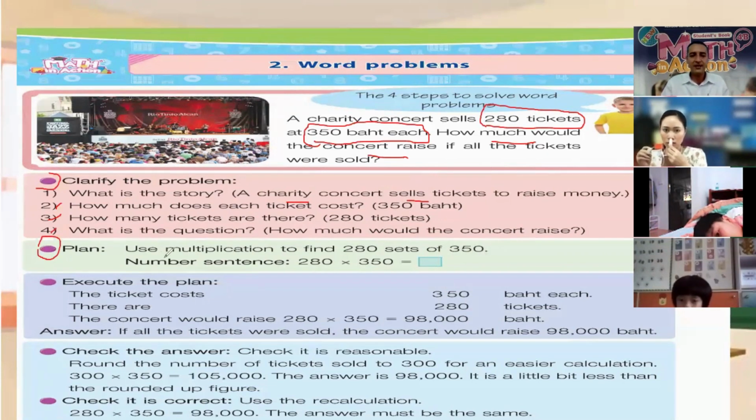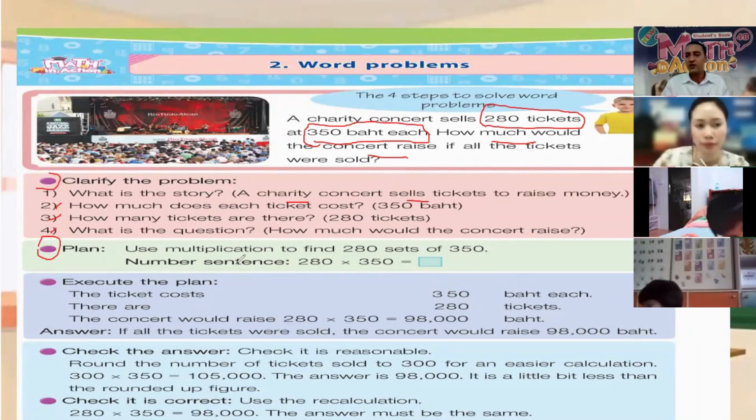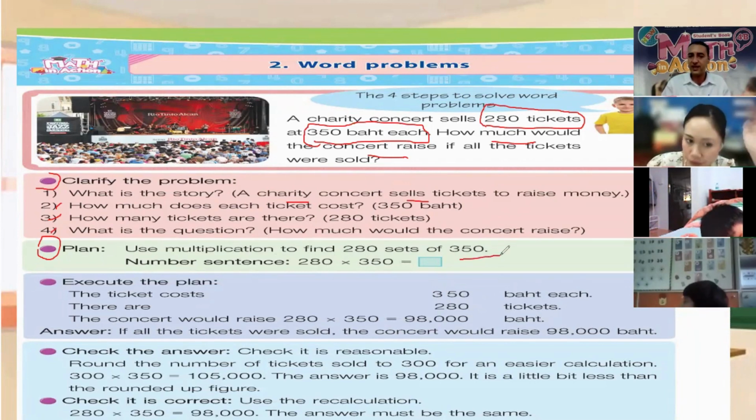The plan is to use multiplication. We are going to use multiplication to find 280 sets of 350. So the number sentence will be 280 multiplied by 350. That is the plan.